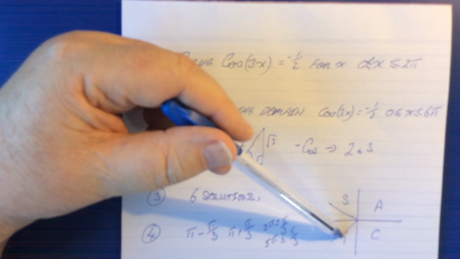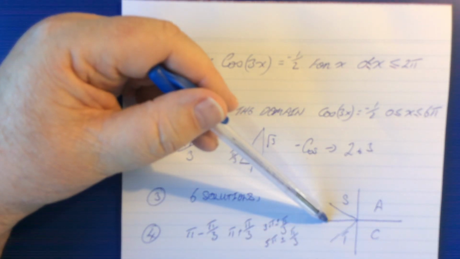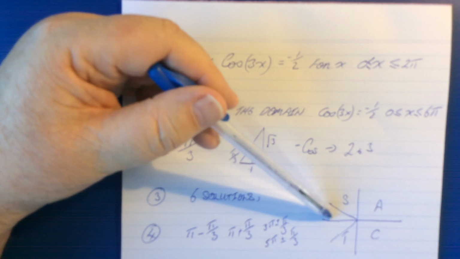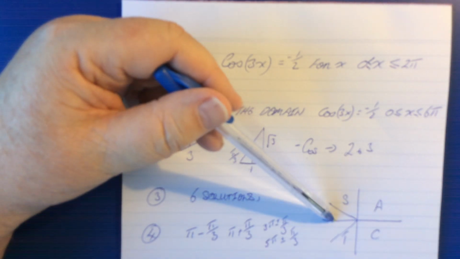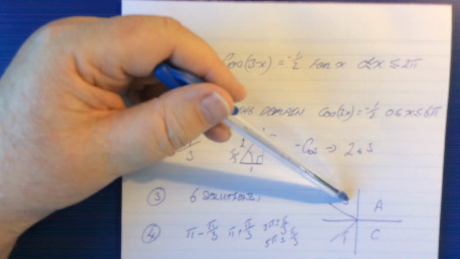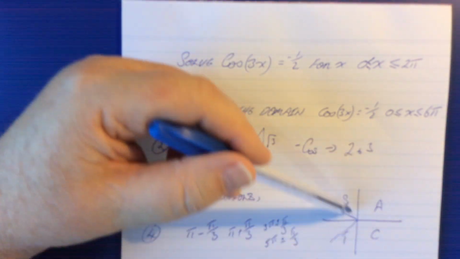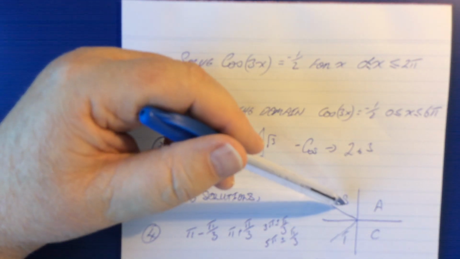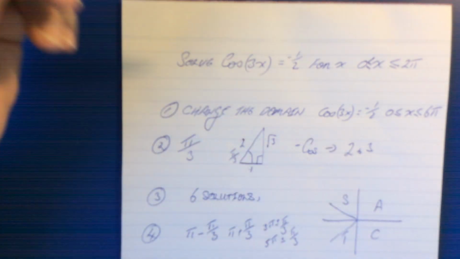It's negative in these 2 quadrants, so we take our x-axis and we subtract pi on 3 to get this value, and we add pi on 3 to get this value. These are both places where the cosine is negative. This is not to scale, so please don't imagine that it is. Cosines are positive here and here.